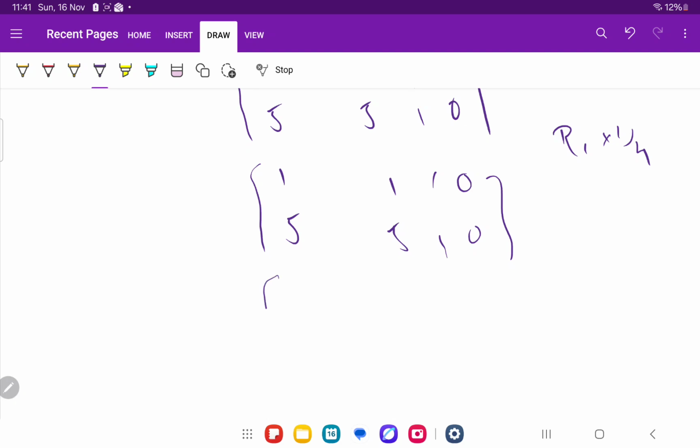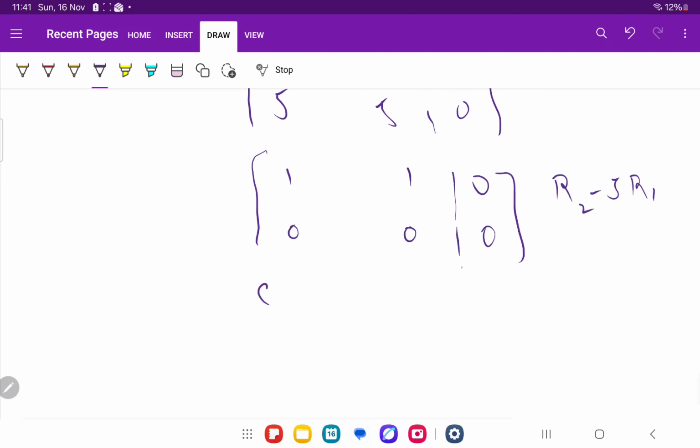So what will be the second operation? Row minus 5 multiplied by row 1 and will be added to row 2. So 0, 0, 0. Okay, so we got C1 plus C2 equal to 0.